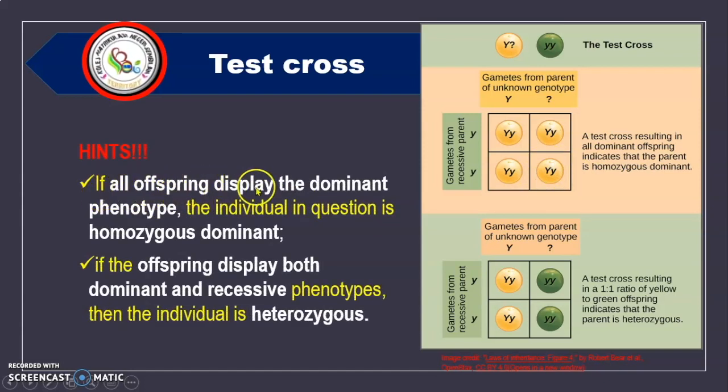If all offspring display the dominant phenotype, the individual in question is homozygous dominant. Meanwhile, if the offspring display both dominant and recessive phenotypes, then the individual is heterozygous.